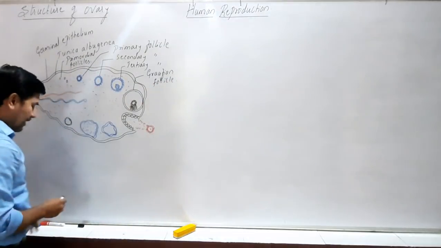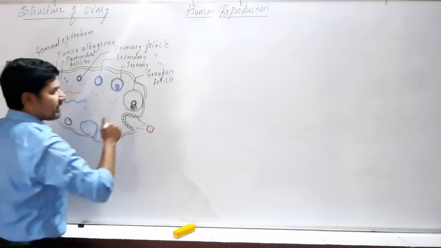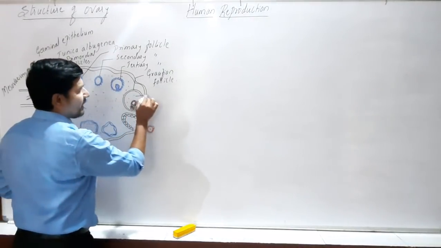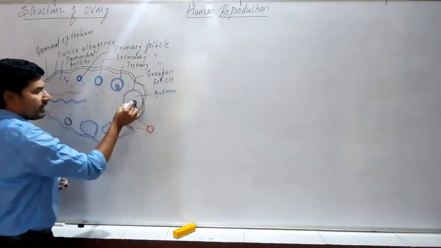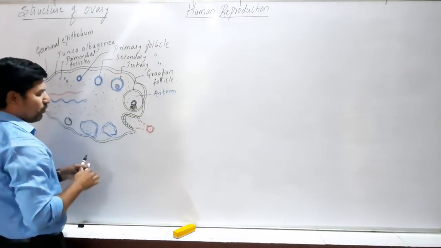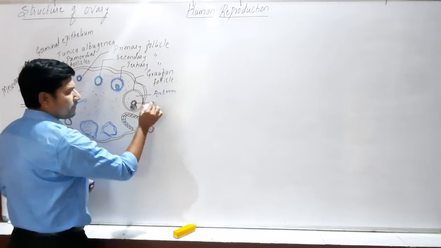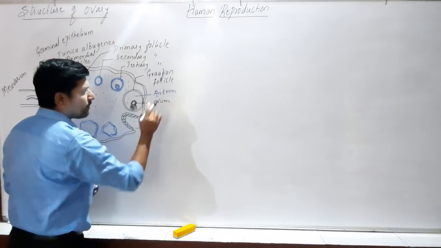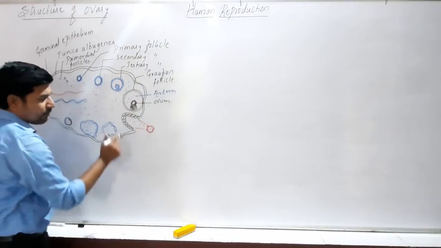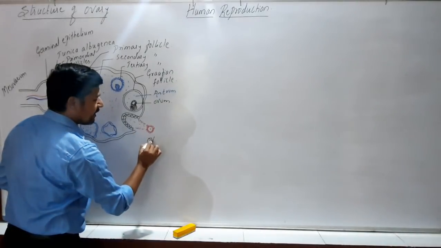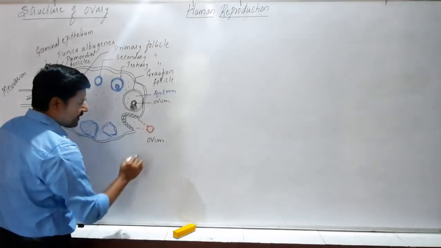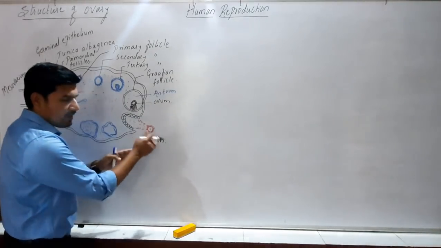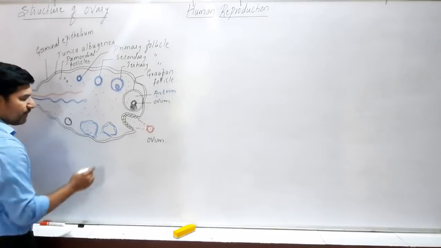And this Graafian follicle has a cavity inside. This cavity is called the antrum, and it holds the ovum. This is the ovum, and after ovulation the ovum is released. This is the released ovum. So the ovum that is released, we can call it a released or ovulated ovum.